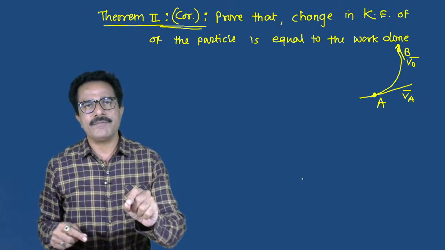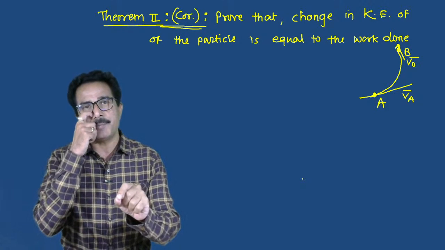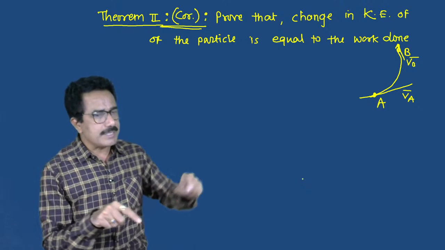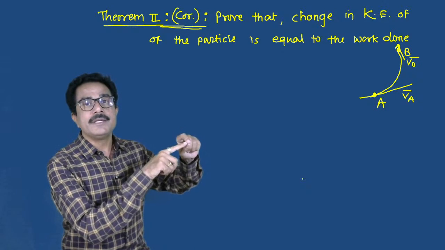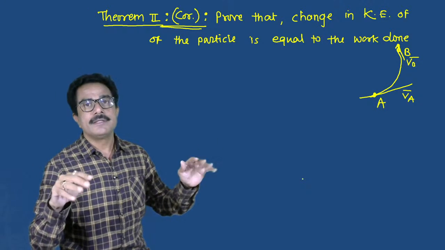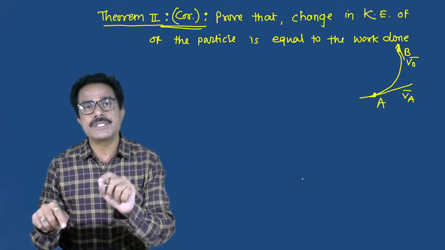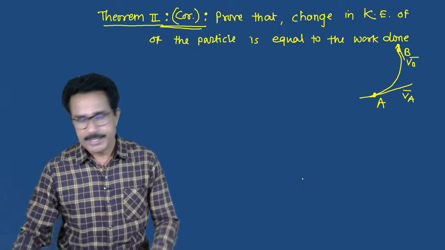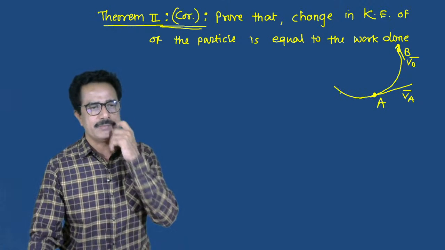At any instant of time t, the position of the particle is at point A. Its velocity is denoted by VA bar. After some time t, the position of the particle is at point B. Its velocity at point B is VB bar. Velocity at point A is VA bar. Note that VA bar is not equal to 0 because it is not a starting point. VA is not a starting point of the motion of the particle, suppose.